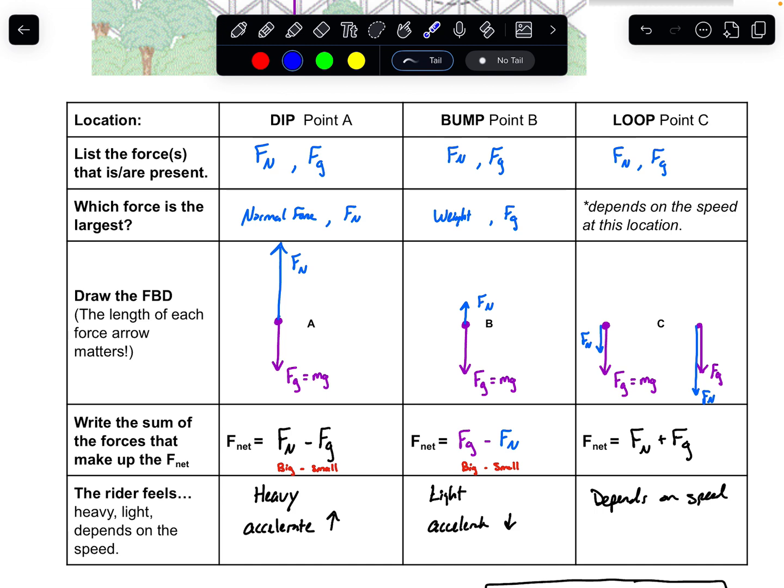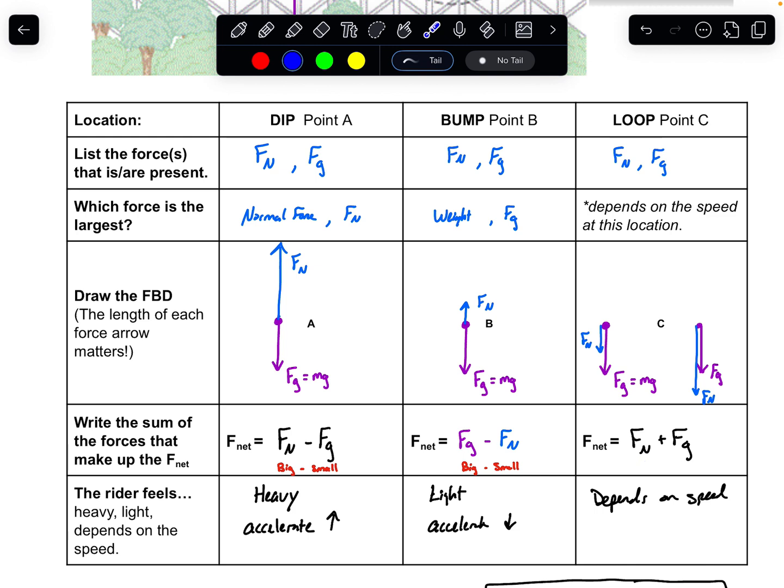If I'm going over the bump, like at point B, I have a smaller normal force, so I'm going to take the bigger weight minus the smaller normal force, and that's going to help me calculate the net force. And if I'm in the loop, I'm going to add these two together because they're pointed in the same direction all the time. So my net force to the middle is the normal plus the weight.